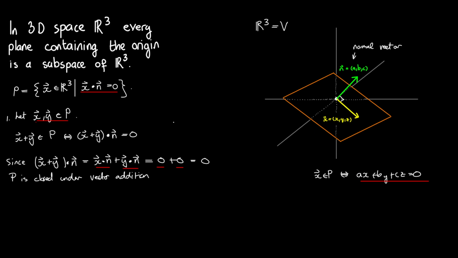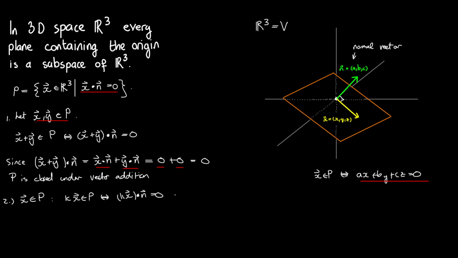Okay, great. And in a very similar way, you can show that P is closed under scalar multiplication. Why? Because if I take x in P, and I check what it means for kx to be in P, well, it just means that kx dot n is equal to 0.